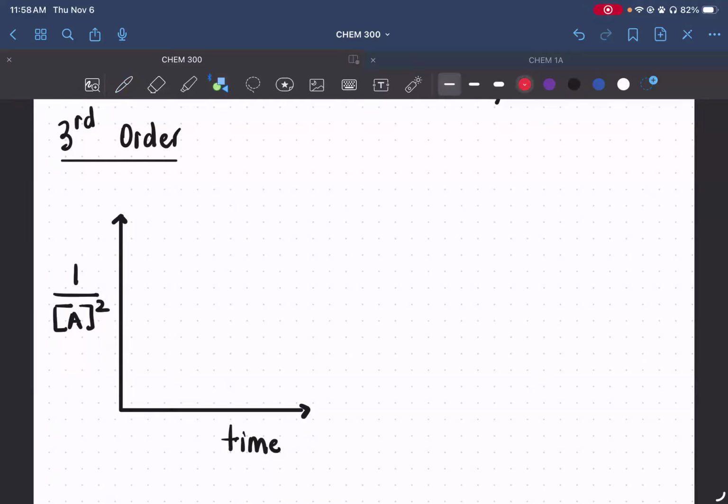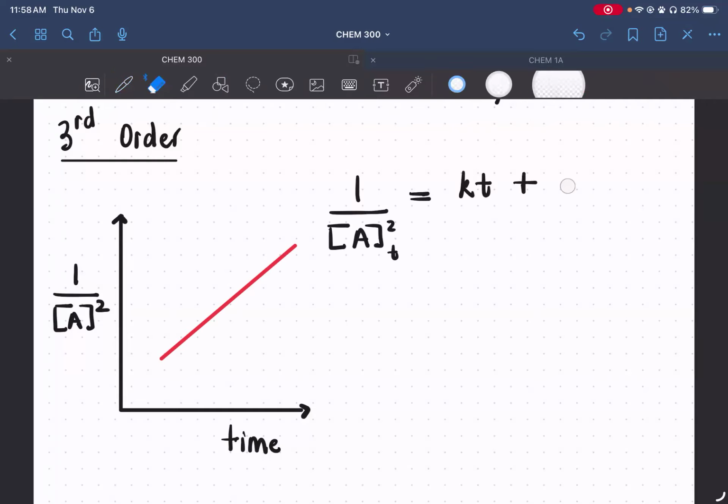Its graph is also a positive slope overall, such that its integrated rate law is 1 over A_t squared is equal to kt added to 1 over A naught squared.